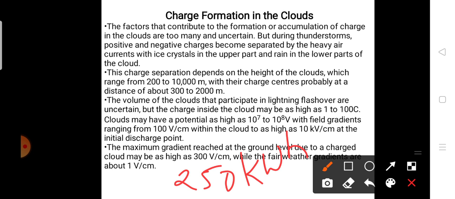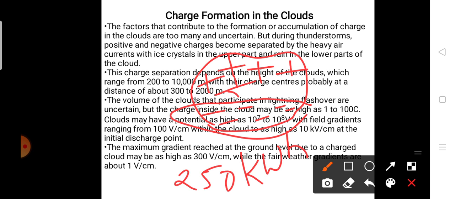It is believed that the upper regions of the cloud are usually positively charged. It is generally assumed that the upper regions of the cloud are positively charged, whereas the lower region and the base are predominantly negatively charged, except the local regions near the base and the head.